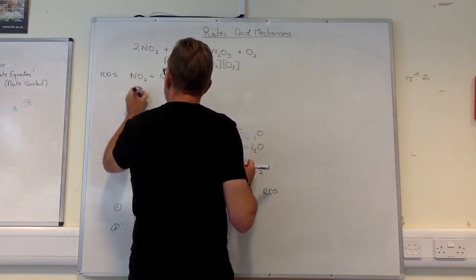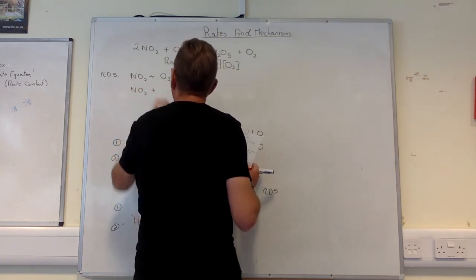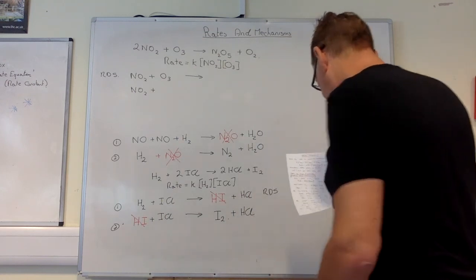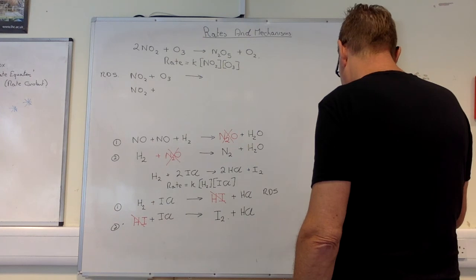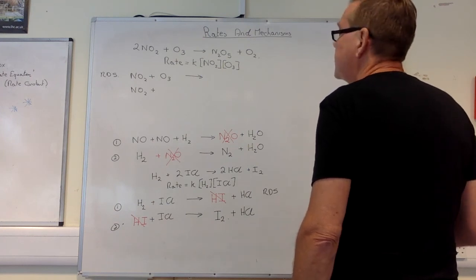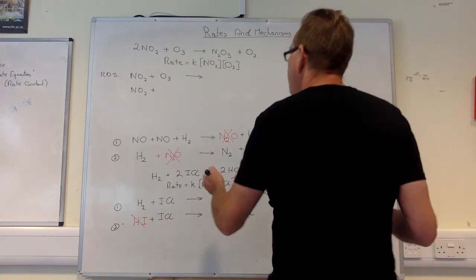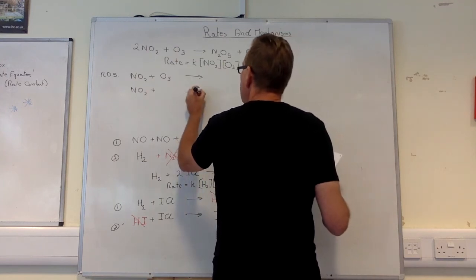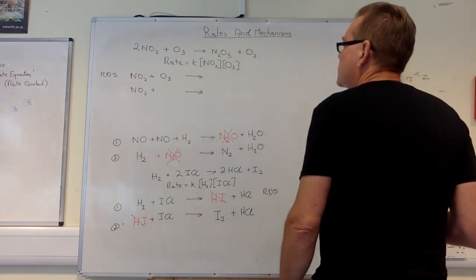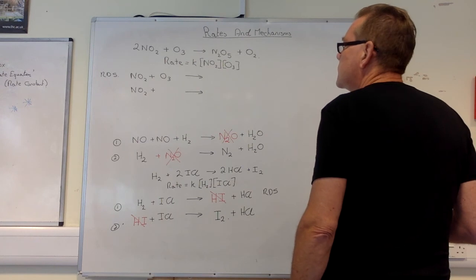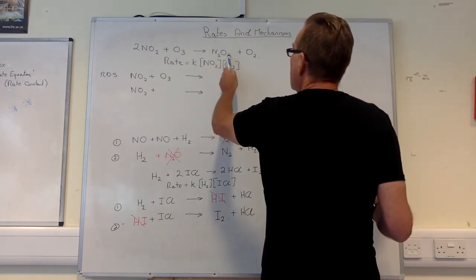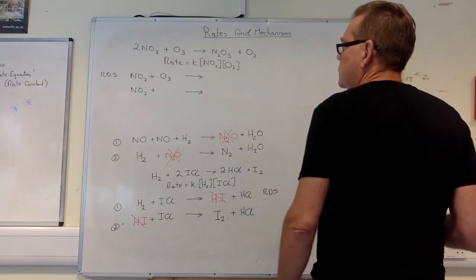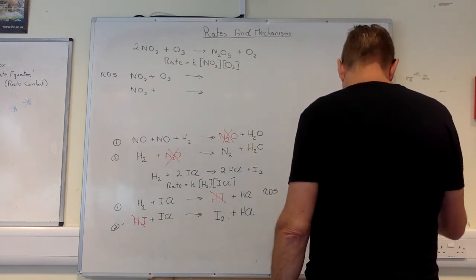To match the overall equation, I've got to put something in there. Plus. Okay? Then, let's see. Well, difficult for me to explain, but let's see. How about this? I've got to make N2O5 and O2. So how about I do this?